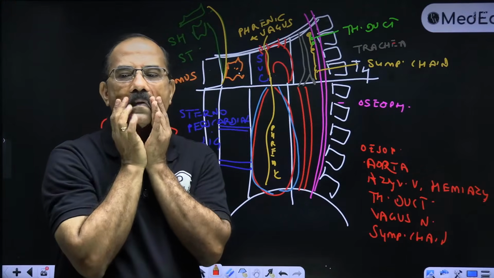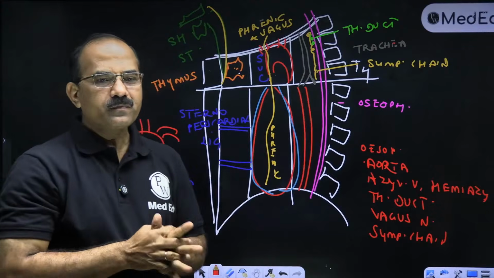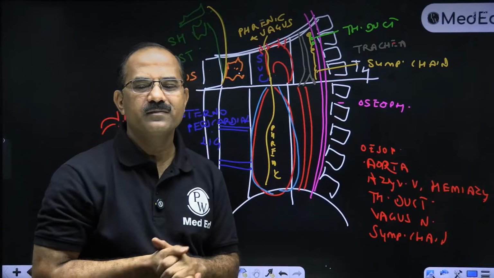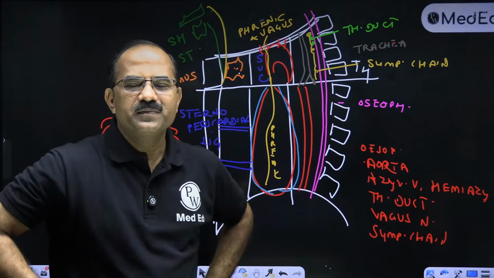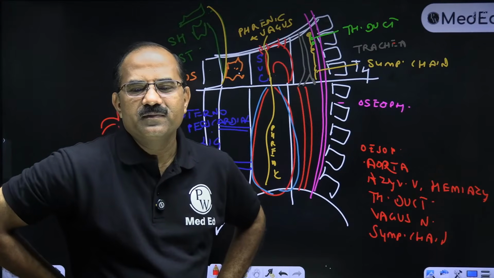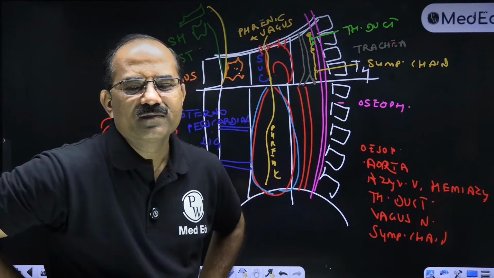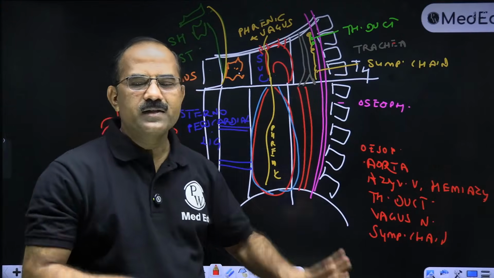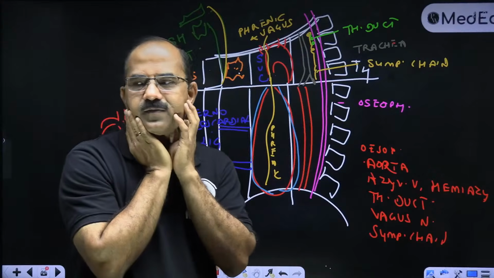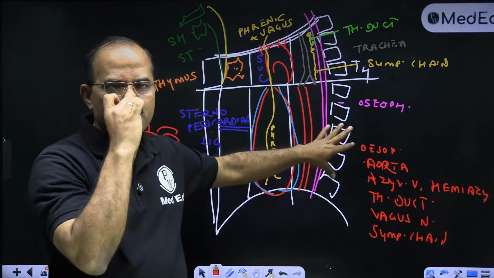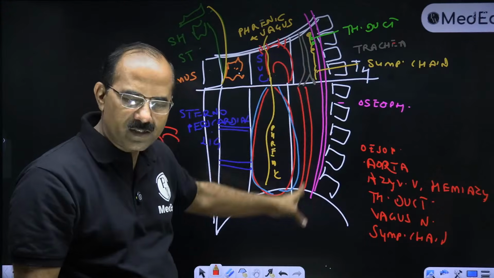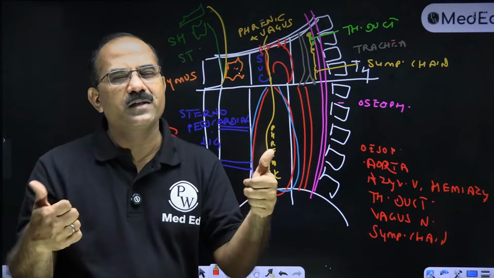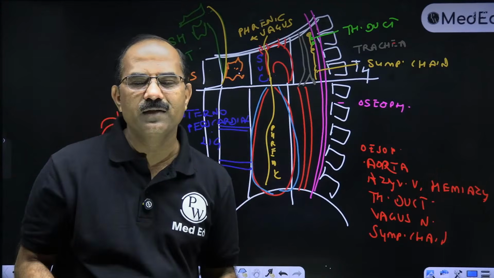This is in short the mediastinum. Clear to all of you. So in the posterior mediastinum you have the descending thoracic aorta, the esophagus, in between the thoracic duct, azygos vein, hemiazygos vein, accessory hemiazygos vein, sympathetic chain and the vagus nerve.